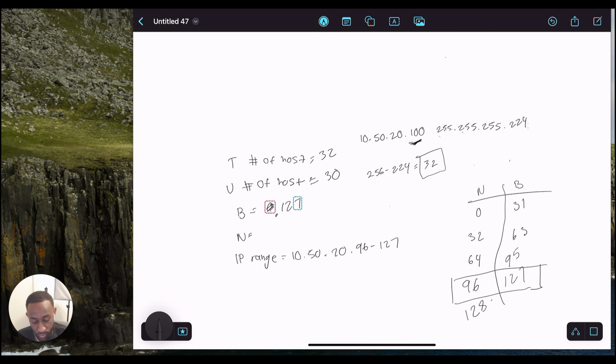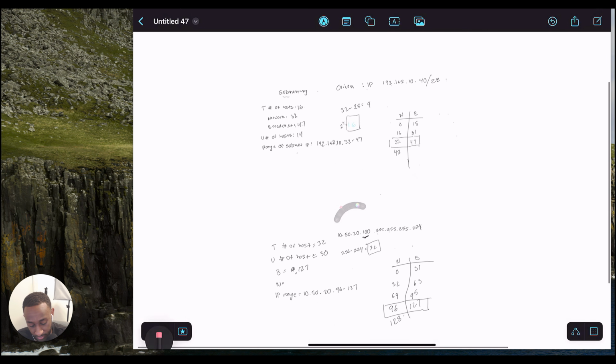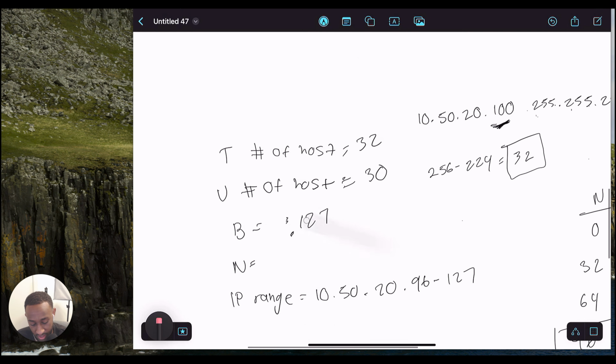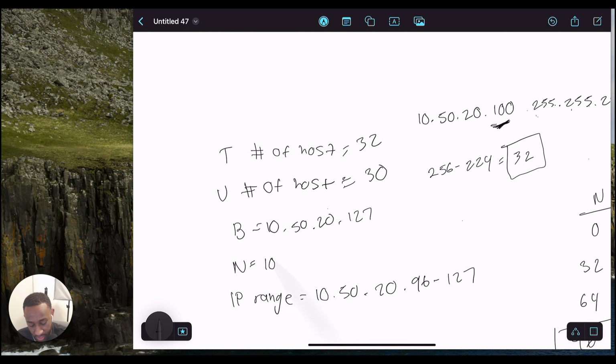And what I mean by 127, so you fully understand it, is basically just the last octet becomes that: 10.50.20.127. And then here is going to be 10.50.20.96. And there we go.